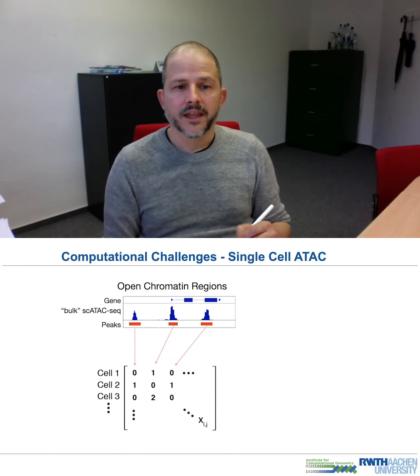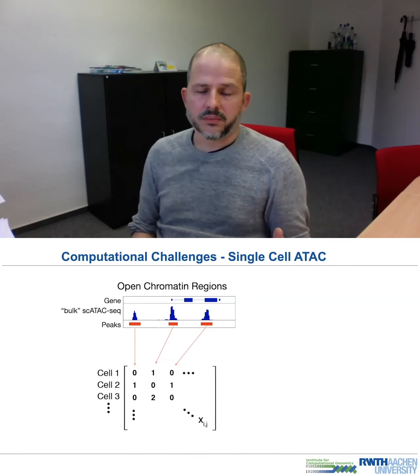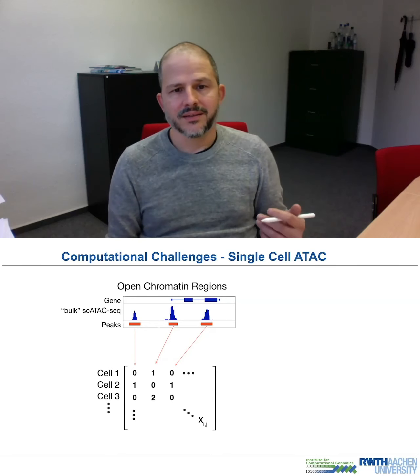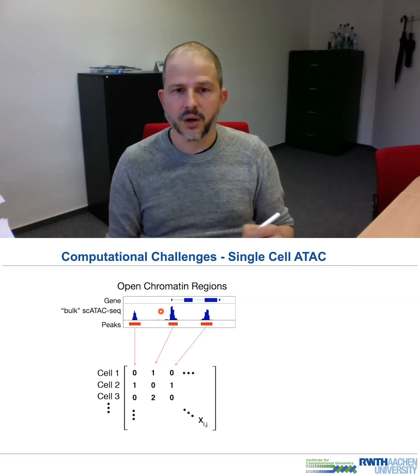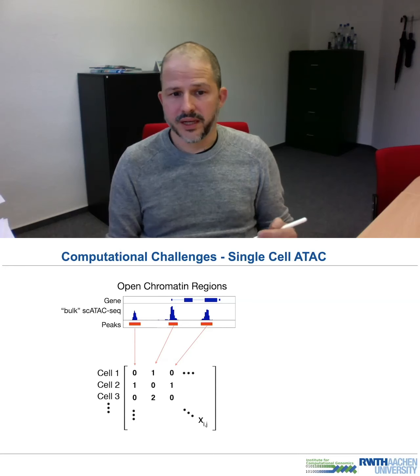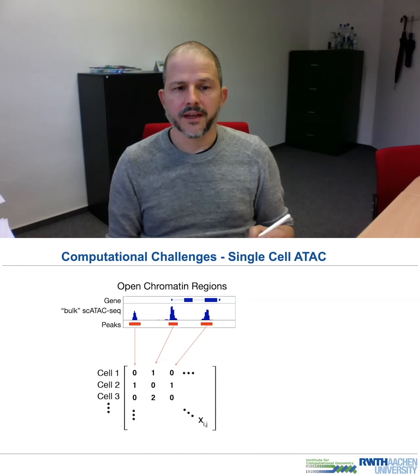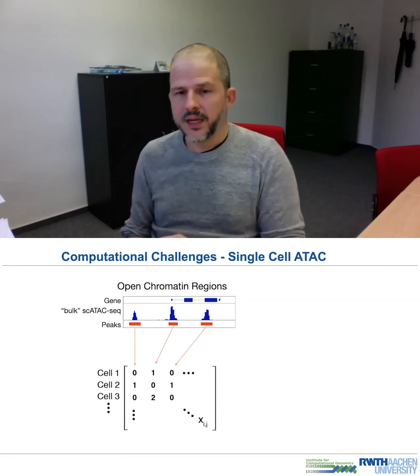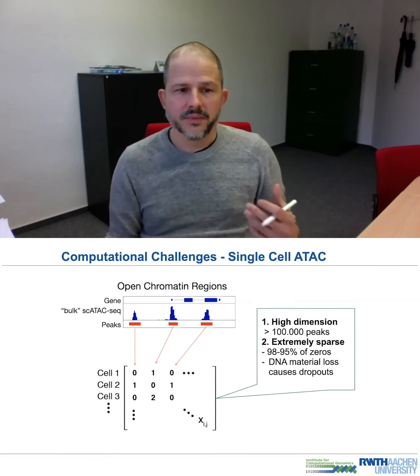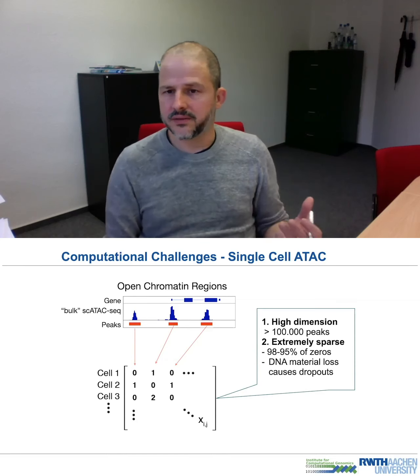And because, of course, you only have 2 chromosome copies, and given that these regions are usually small, at maximum you should have 2 reads in one particular entry here.